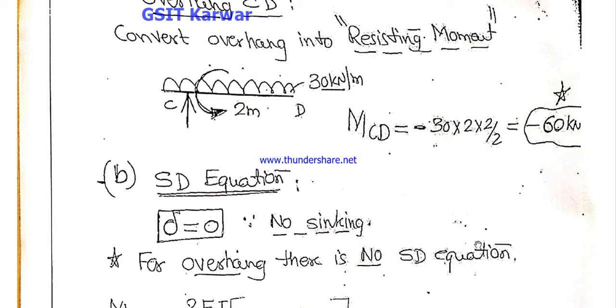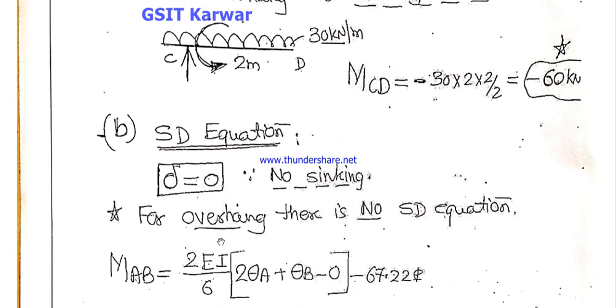Here delta is 0 because in this problem there is no sinking value mentioned, that means settlement is not mentioned. So you can consider there is no sink, so delta equals 0. For overhang there is no slope deflection equation. It is also very clear, you should remember, for overhang there is no slope deflection equation.